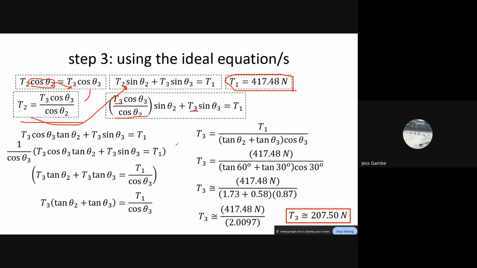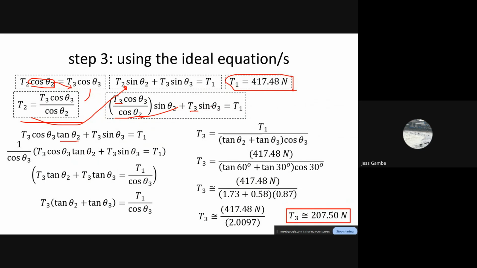We divide the function by cosine, or factor out. Sine theta 2 divided by cosine theta 2 gives you a tangent function, tangent theta 2. So cosine theta 3, then this becomes tangent theta 2.